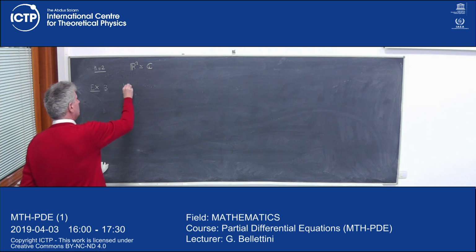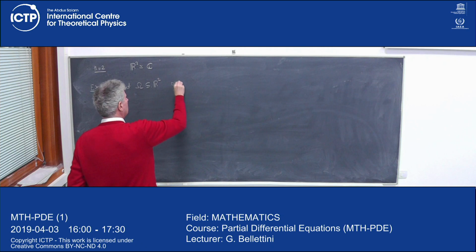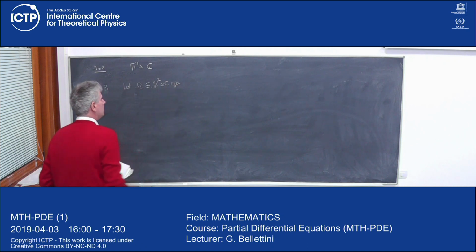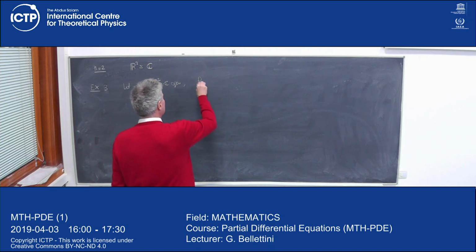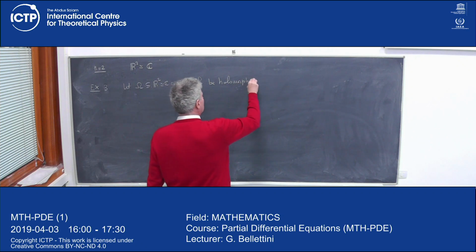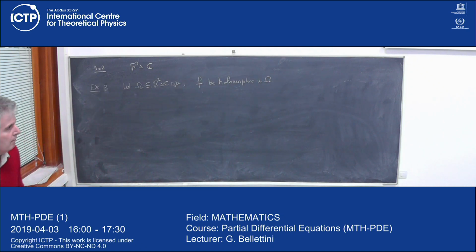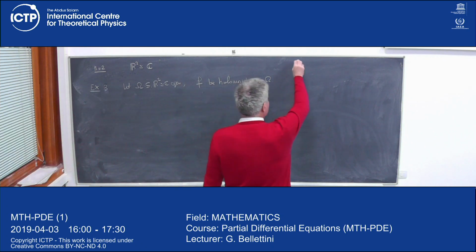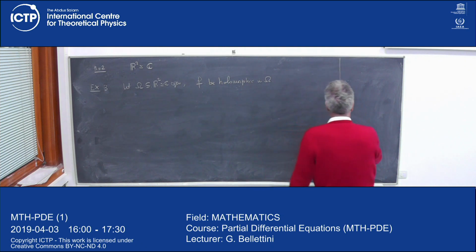So let omega be an open set, and now we can identify this with C, and let f be holomorphic in omega. Holomorphic for me means, well, I think everybody knows, right? But just let me repeat it.